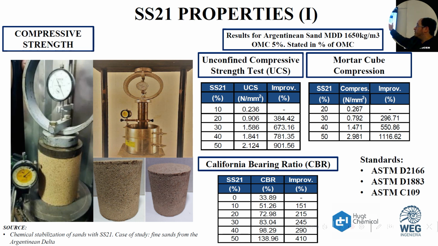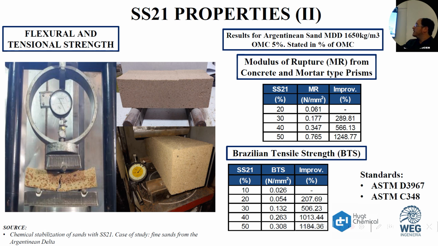So we have a lot of unconfined compressive strength improvement, good compression, and CBR ratio. The properties in compression are getting much higher with the use of chemical stabilization. Flexural and tensile strength is measured, in this case, with two types of tests: beams, mortar-type and concrete-type beams, and the Brazilian test, that is basically a cylinder diametrically loaded.